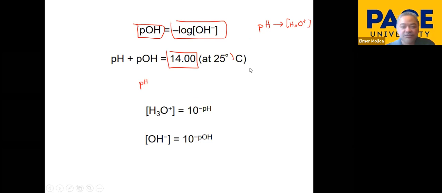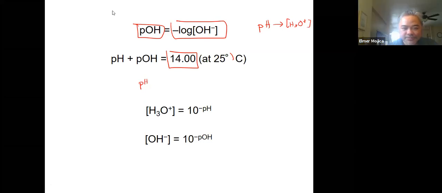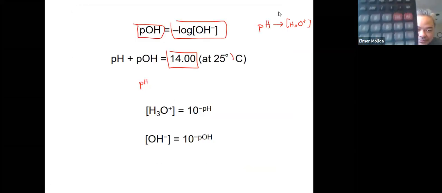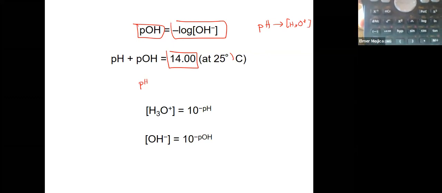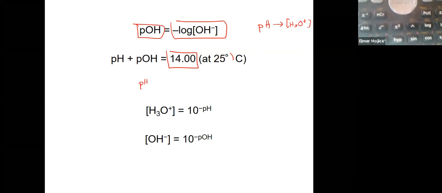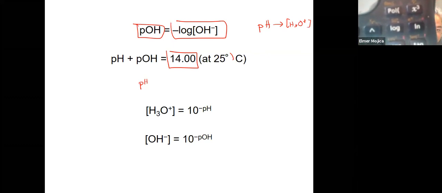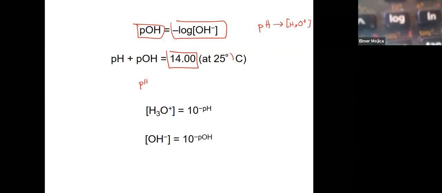So I don't know what calculator you have, but oh no, cannot detect. I have to remove my virtual background. So if you're going to look at this, see that log, where's that log? There. So the inverse of log is 10 raised to the x.